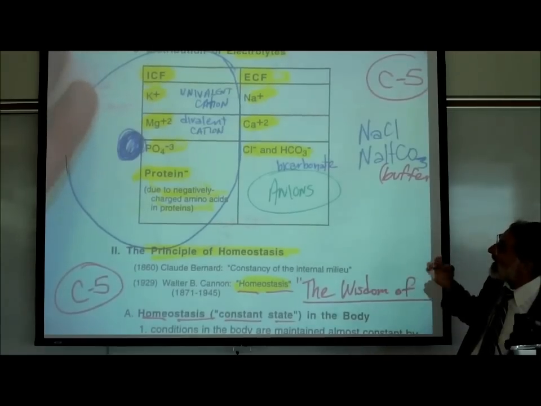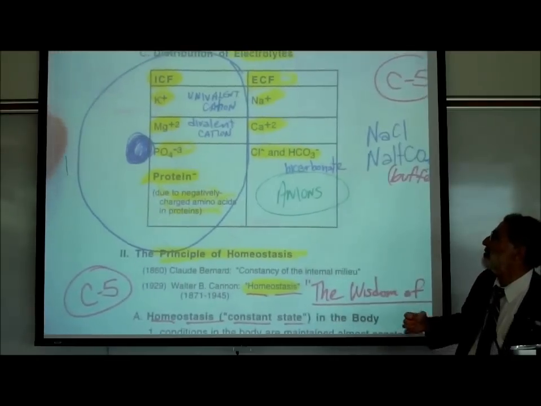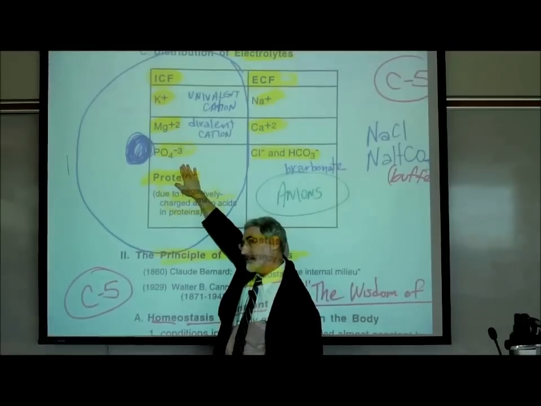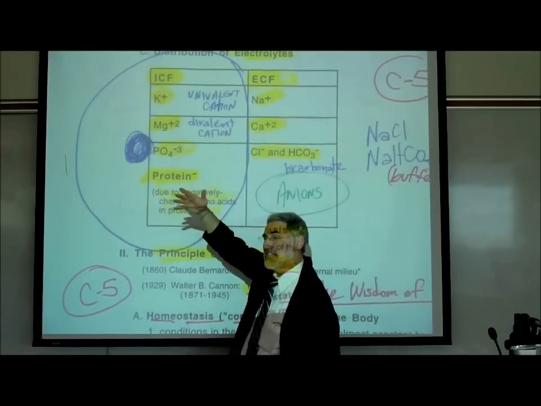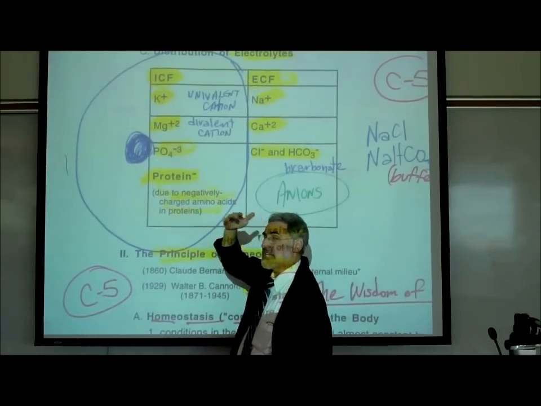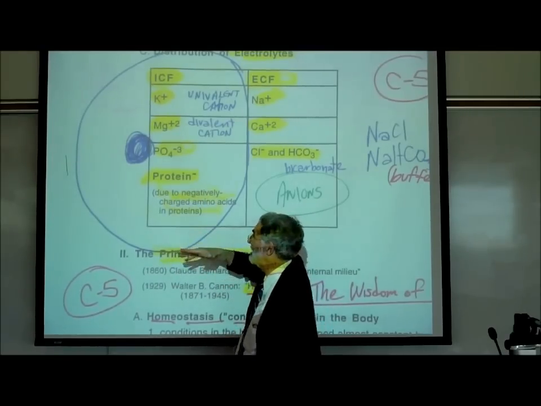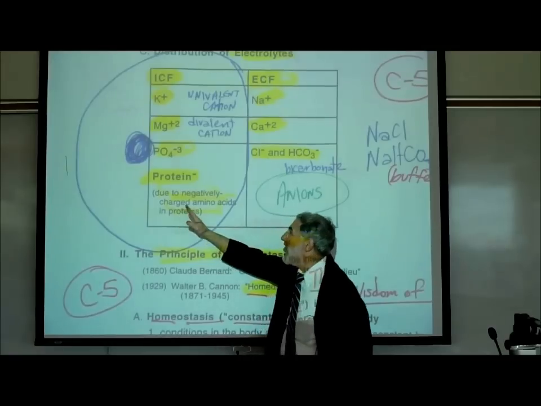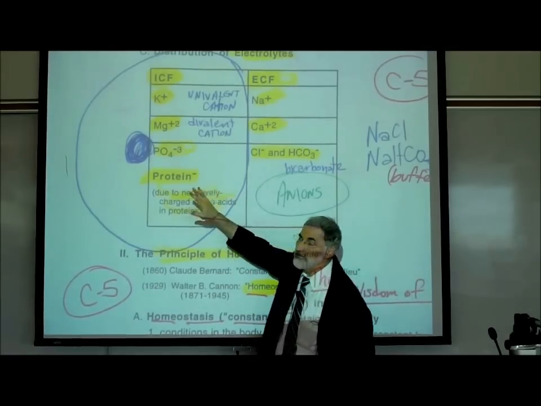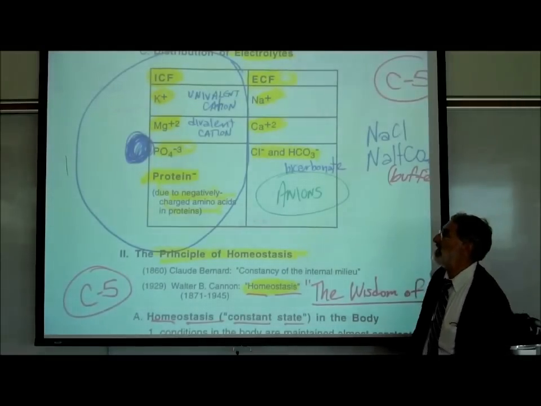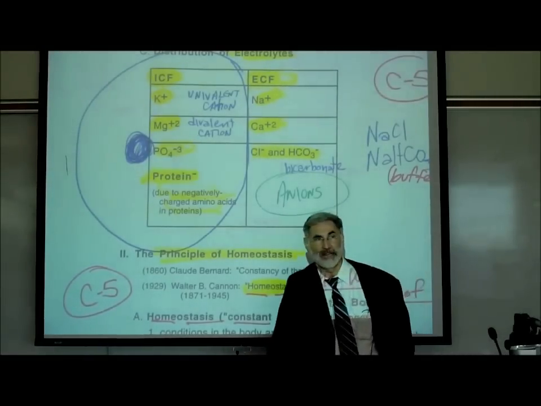The major anions, or negative charge chemicals, inside cells are negatively polarized phosphate, because there's a lot of phosphate in cells for nucleotides and phospholipids and adenosine triphosphate, adenosine diphosphate, and a lot of negatively polarized proteins. Most proteins have a slight negative polarity.